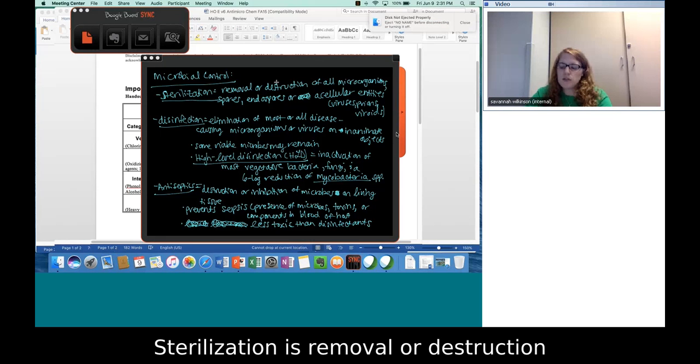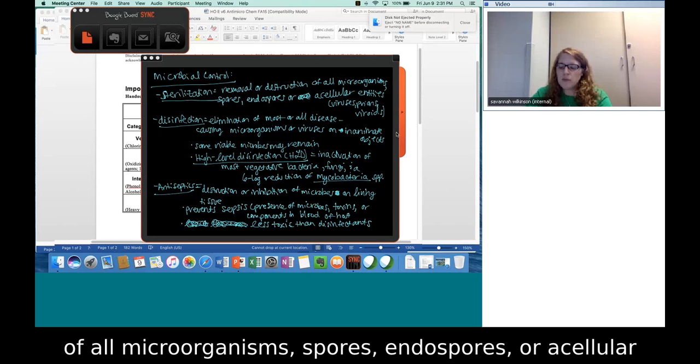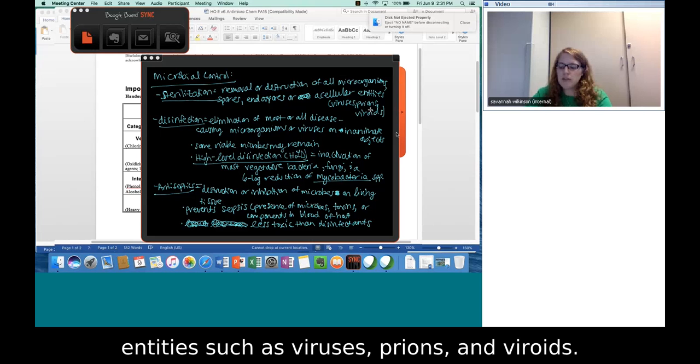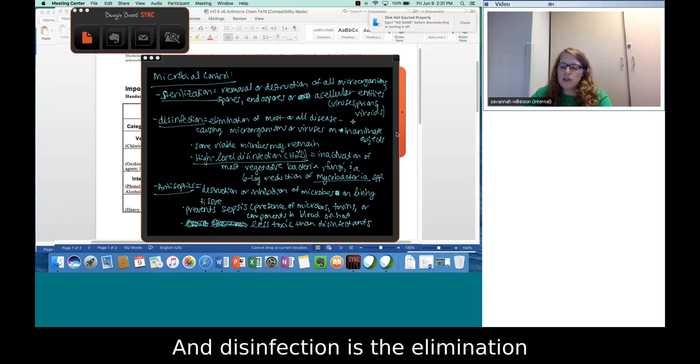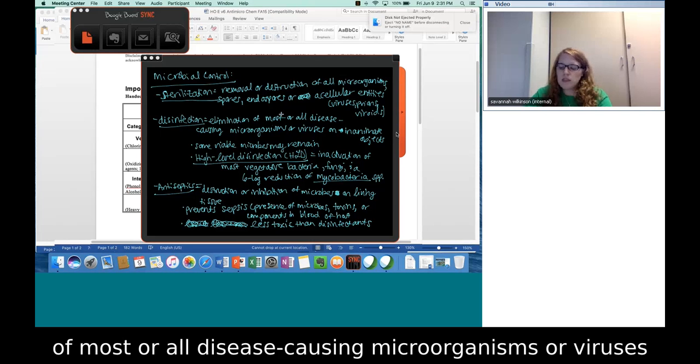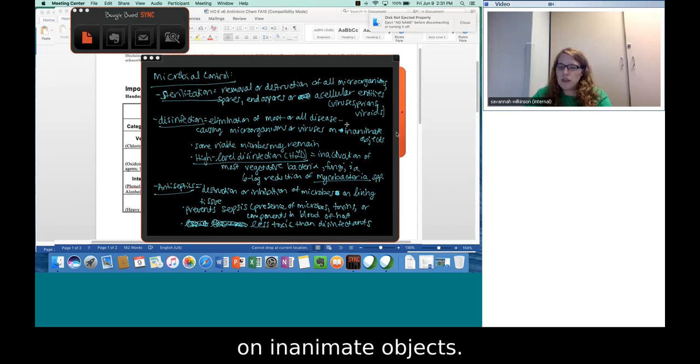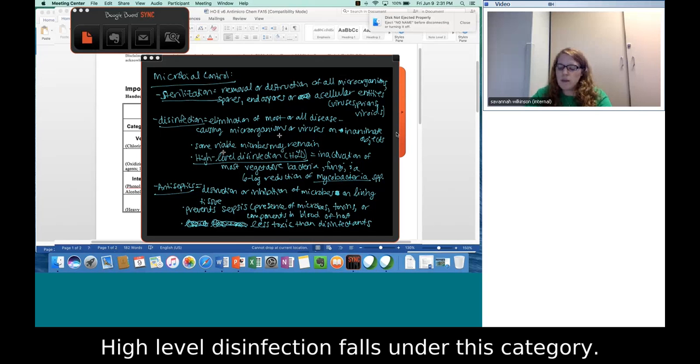Sterilization is the removal or destruction of all microorganisms, spores, endospores, or acellular entities such as viruses, prions, and viroids. Then disinfection is the elimination of most or all disease-causing microorganisms or viruses on inanimate objects. Some viable microbes may remain. High-level disinfection falls under this category.